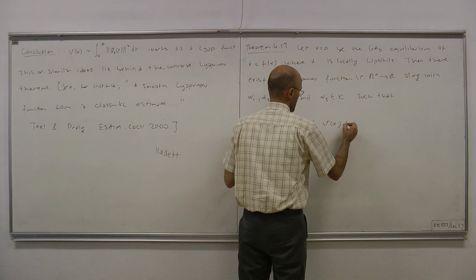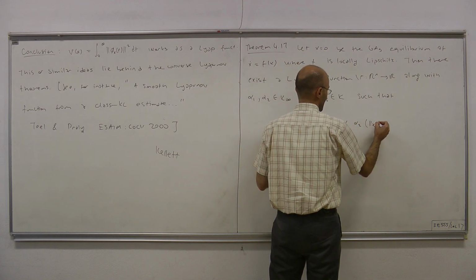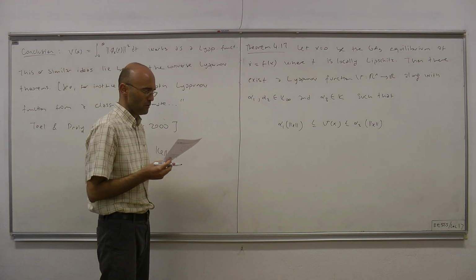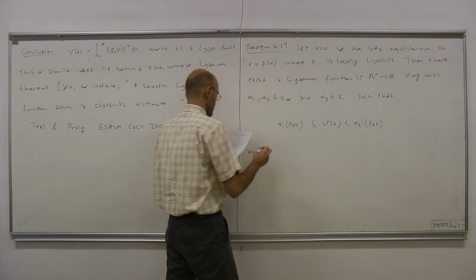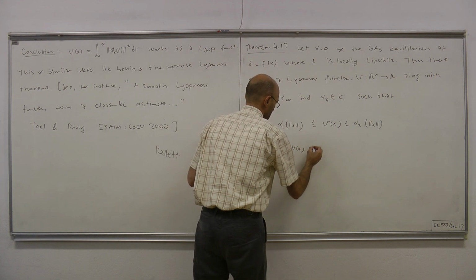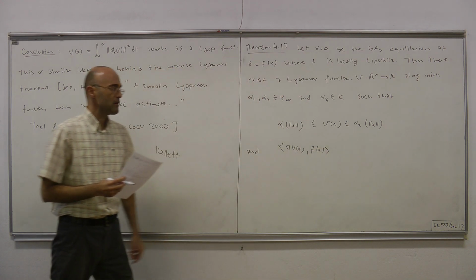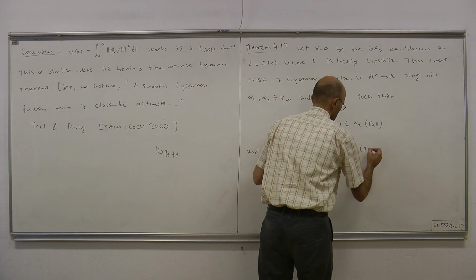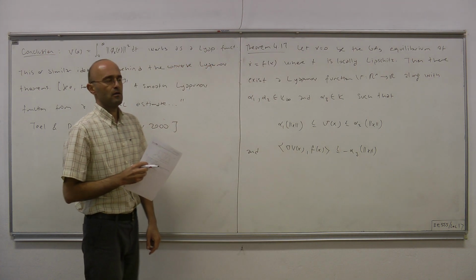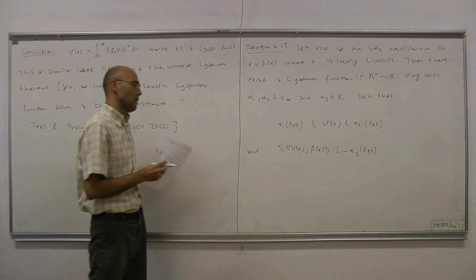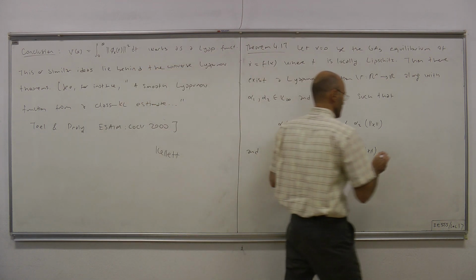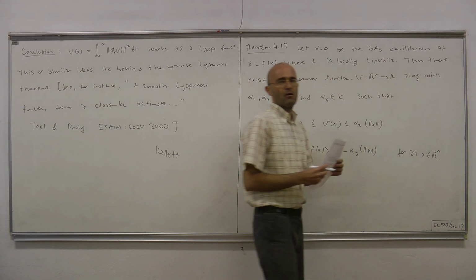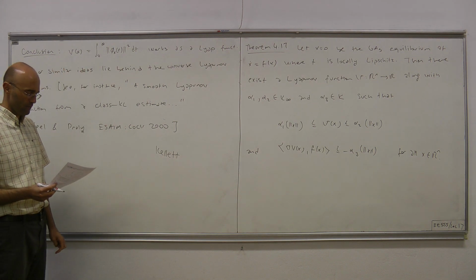Okay, V of x is sandwiched between the norm of x passed through class K functions alpha 1 and alpha 2, and V dot, or the inner product of the gradient of V with f of x, is upper bounded by minus alpha 3 of the norm of x, for all states x in R^n.